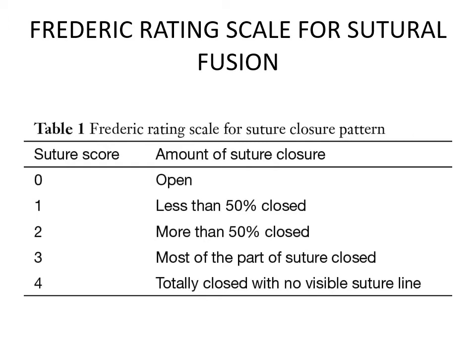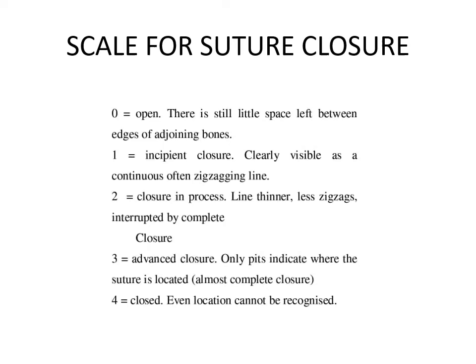When it is open with a gap, it is grade 0, and if less than 50% is closed, it is grade 1. If more than 50% is closed, it is grade 2, and if 3/4 or more is closed, it is grade 3, and grade 4 means totally closed. You will not be able to find the visible suture line. And this is a somewhat easier parameter.